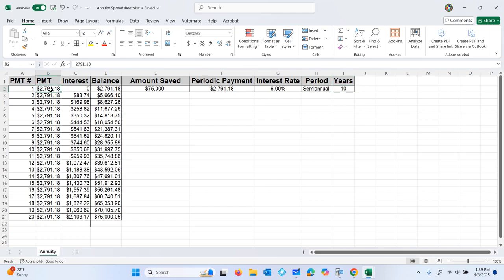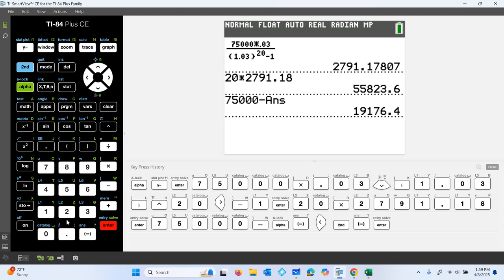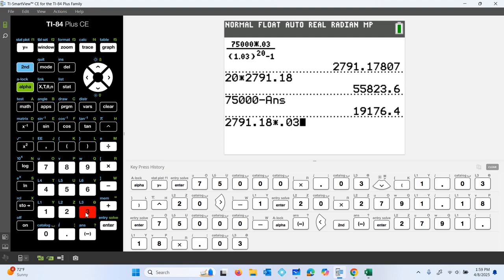Okay. So the first payment is not going to earn anything because it's at the end of the first 6 months. So that's why it says 0. But notice this. How do I get the interest that's earned? You have to take the previous balance of 2791.18 and multiply it by R over M. One way you can do that is take the 2791.18 and multiply it by I, and you already calculated that I was 0.03.